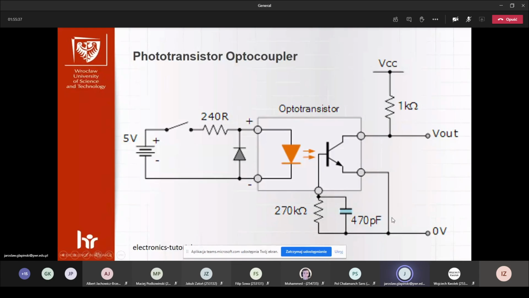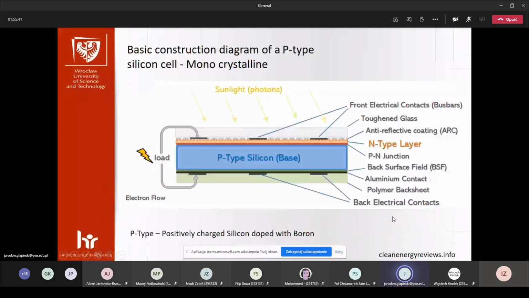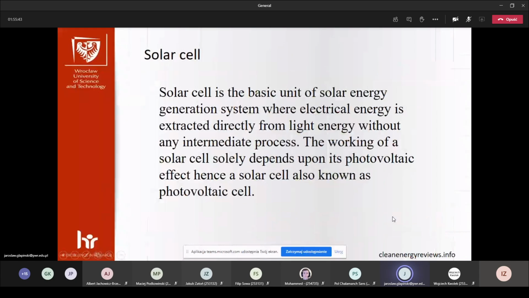Okay, so this is a photocoupler, and then we go towards solar cells. You probably know what solar cells are. A solar cell works as a PN junction, as a big photodiode.